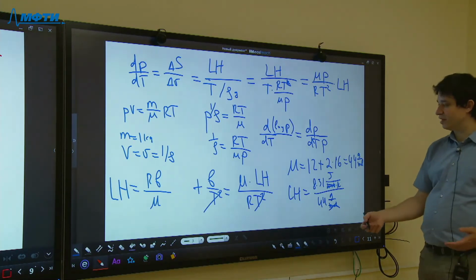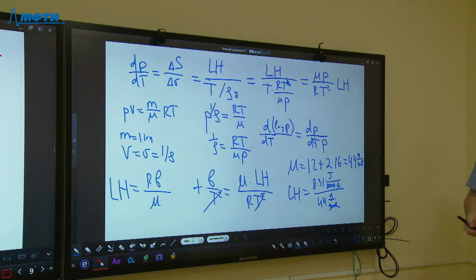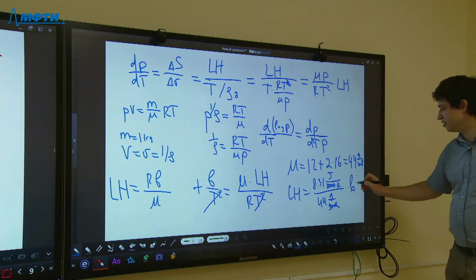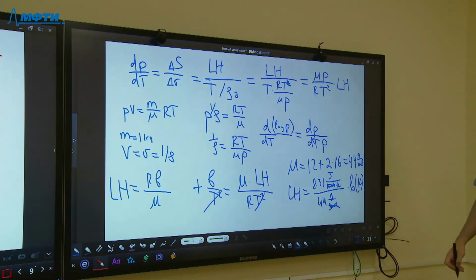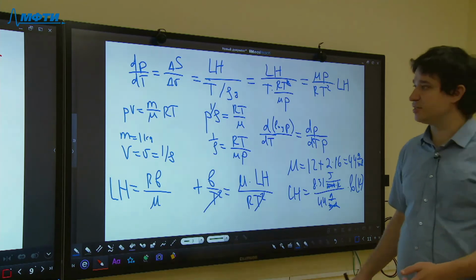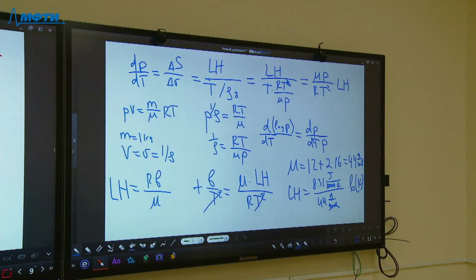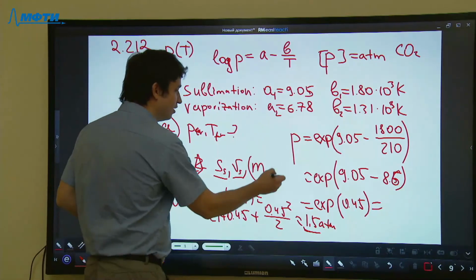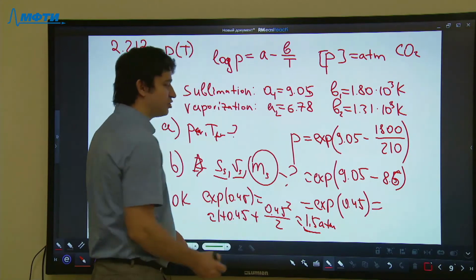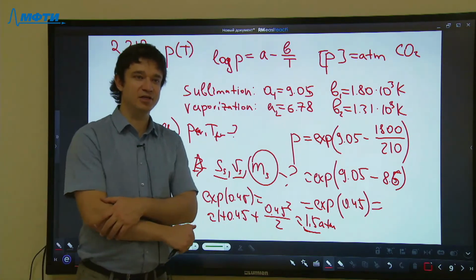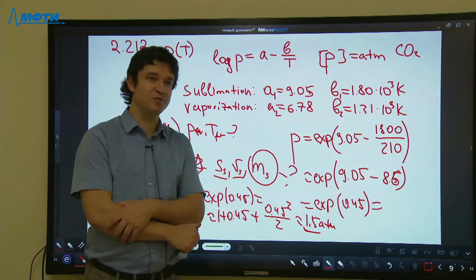So I have latent heat in joules per gram. Pretty nice answer, but multiplied by B in kelvins. So in this way, I would get only 2 of the 3 quantities. I would get the sublimation latent heat and the latent heat of vaporization. Now the final question: how to calculate the melting heat, the specific heat of melting?